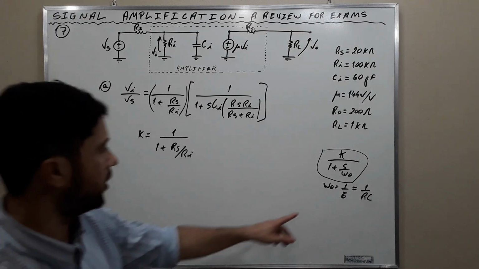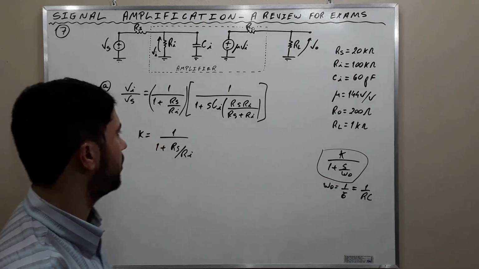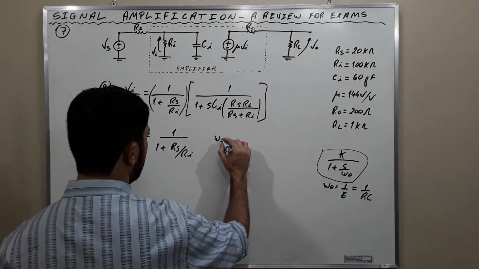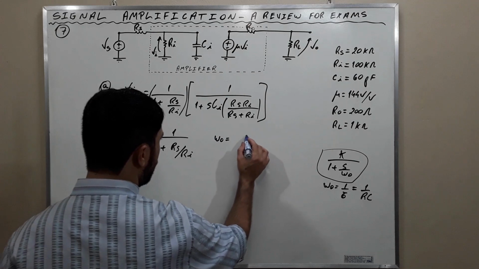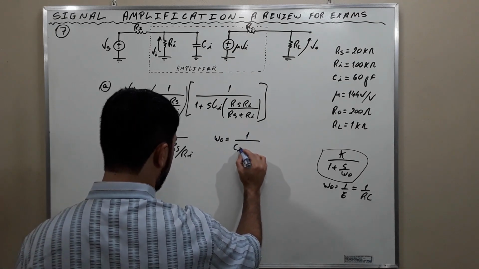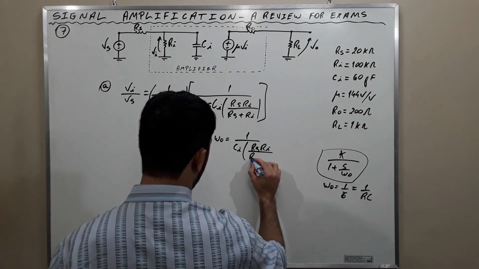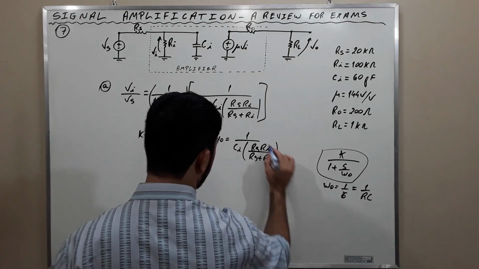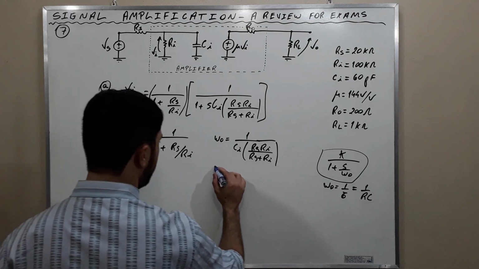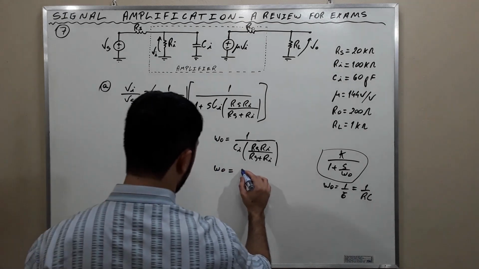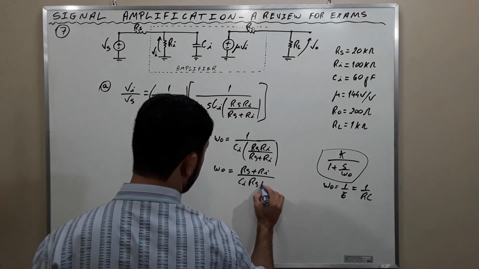And observe here, okay? Compare this with this, and we find that WO, which is the corner frequency or the half power frequency, is 1 over Ci Rs Ri over Rs plus Ri. Alright? Which can also be rewritten as this: Rs plus Ri divided by Ci Rs Ri.